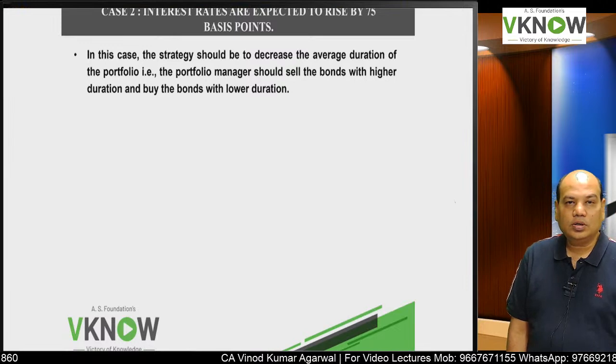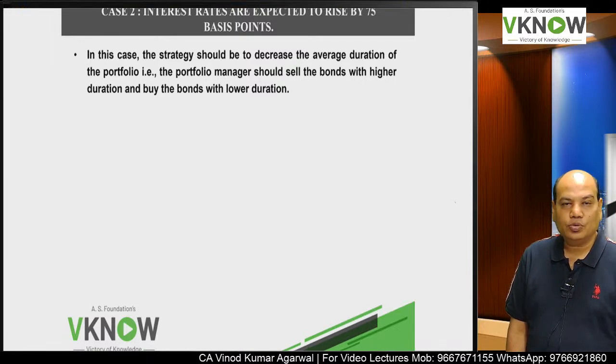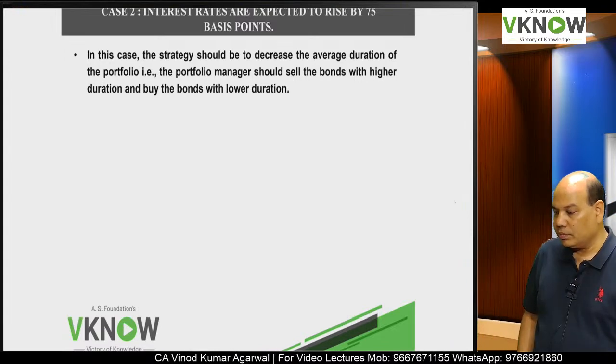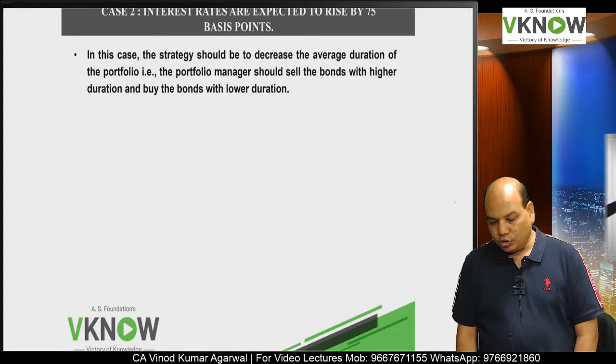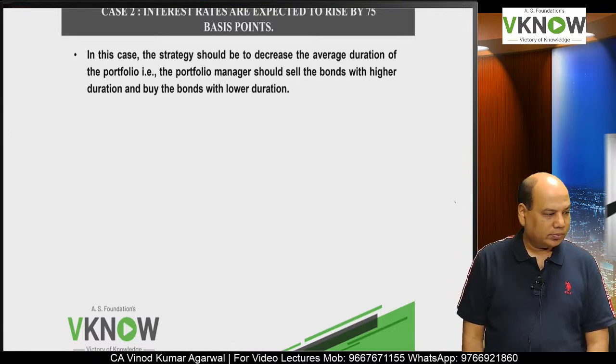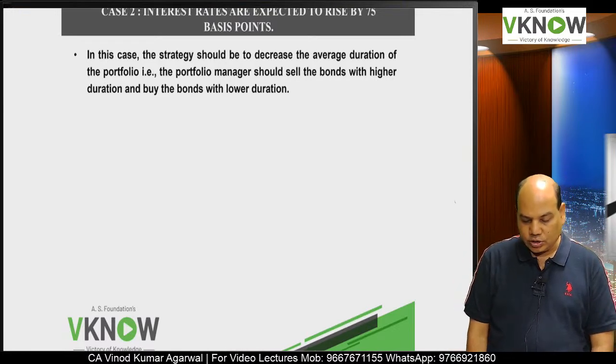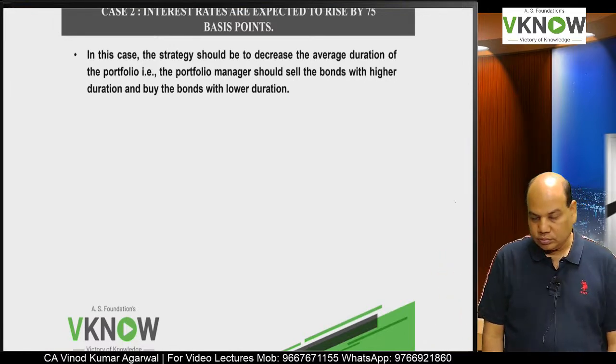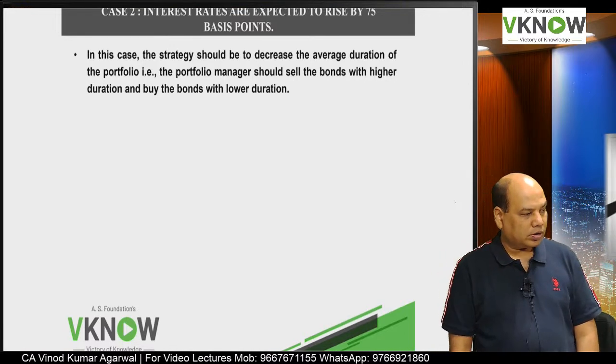So you will take a lower hit if you shift your funds from higher duration bond to lower duration bond. That is, the portfolio manager should sell the bonds with higher duration and buy the bonds with lower duration.